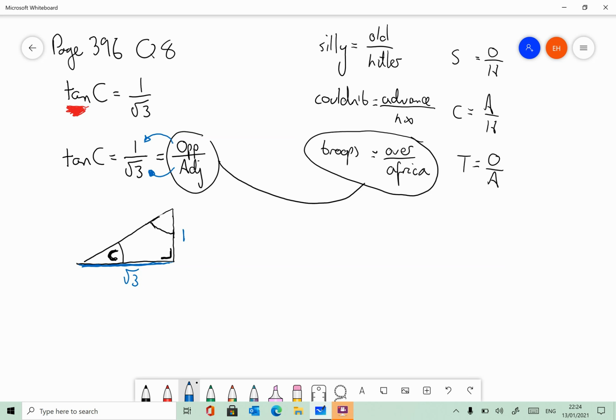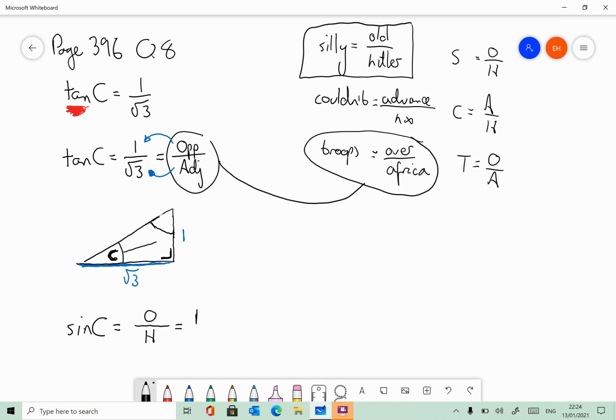Now, we weren't asked to find tan, we were asked to find sine. So sine C is equal to, we go back over here and we look at this. It's Silly Old Hitler, so sine is equal to O over H, which is equal to 1, the opposite.